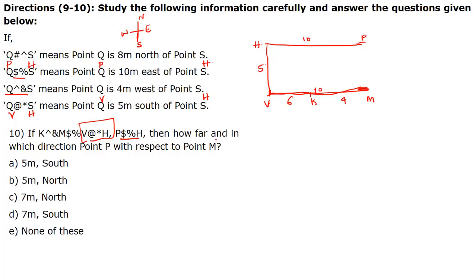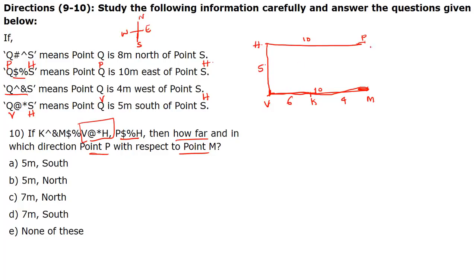Now what we have to do? Find how far and in which direction point P is with respect to point M. So we need to find the relation between point P and point M. Point P is at this particular place and point M is here. The distance between V and M is 10 meters.